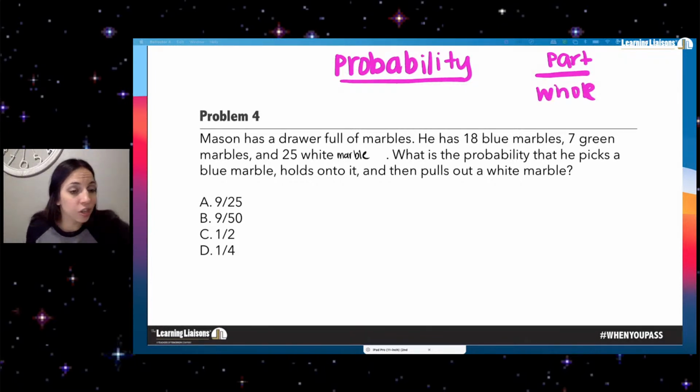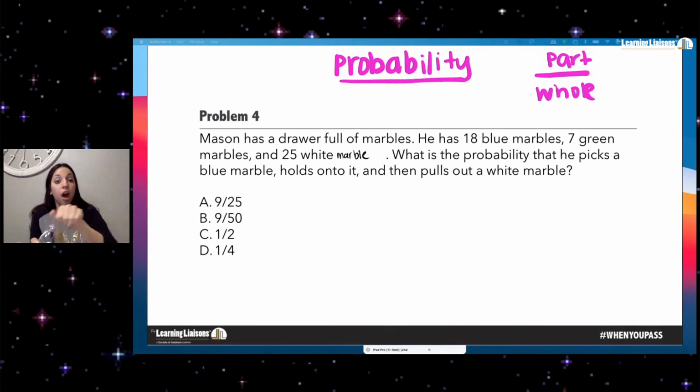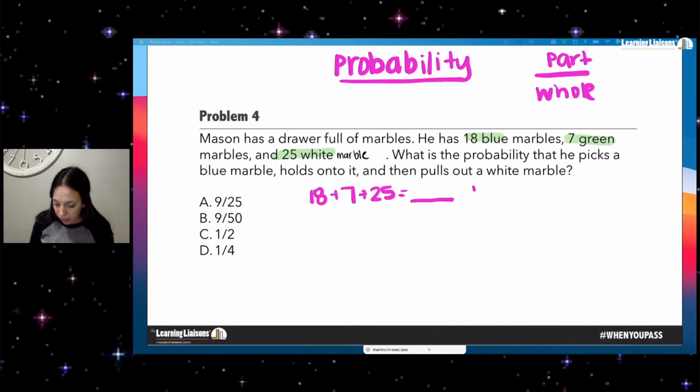Probability is just a fraction. That's what a fraction is, a part of a whole. So what is my whole in this situation? How many marbles do I have total in my drawer? Well, I have 18 blue, 7 green, 25 white. So I'm going to do 18 plus 7 plus 25, and that's going to give me my whole.